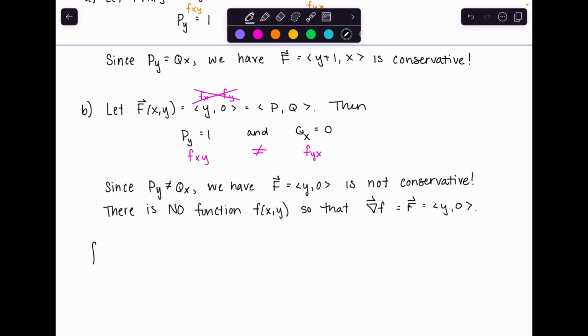So in general, when you find a line integral over a vector field, this is independent of path, so the path doesn't matter, when the vector field is conservative.